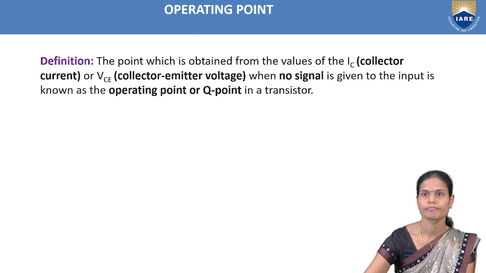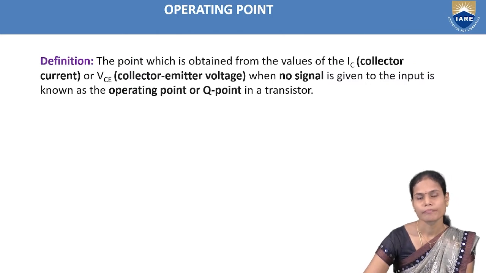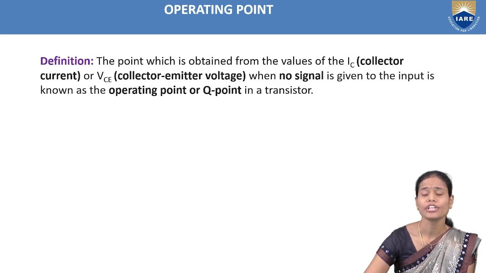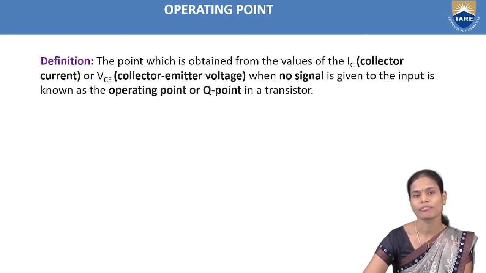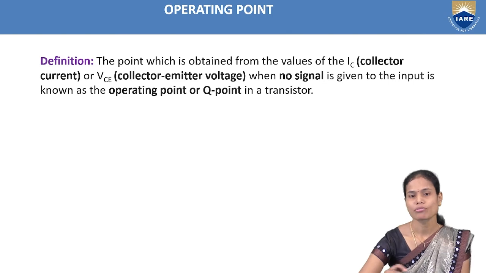The next thing, after drawing the load line, is that we need to find the operating point of the amplifier. First, we have to know what the basic need of the operating point is.